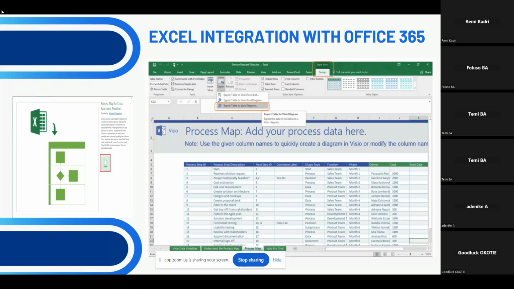If you have the latest version, I'm not sure, I think it's after 2013, some of the newer ones. If you have that, if you go to Excel, it will actually ask you, do you want to create a sheet for what do they call it, a cross-functional flow chart? Or if you go to open a cross-functional flow chart, it will ask you, do you have an Excel sheet pre-populated that you want us to integrate or merge or use to create a diagram?